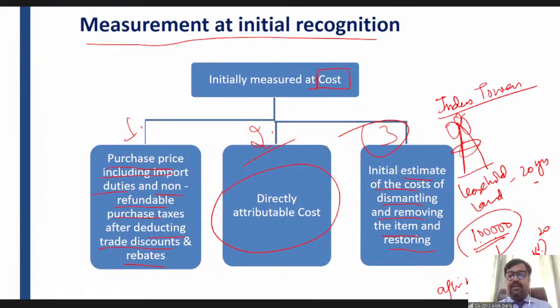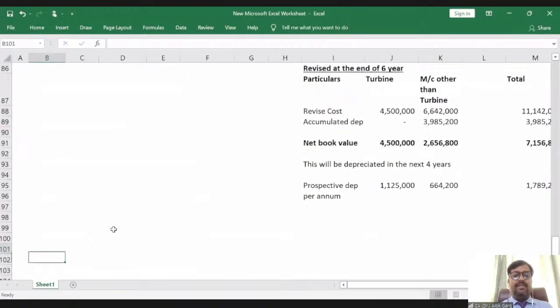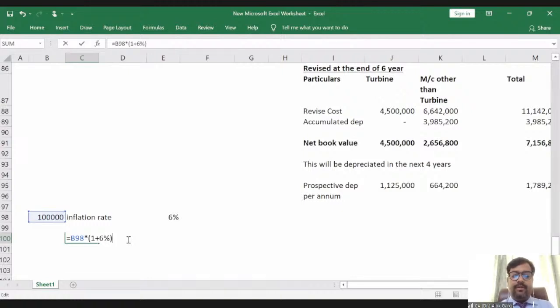Vidula is saying, is it 11, 15, 812? So Vidula, let me calculate on Excel. If 1 lakh rupees is the current cost, and if the inflation rate is 6%, for example, then my future cost will be 1 lakh multiplied by 1 plus 6% to the power 20.